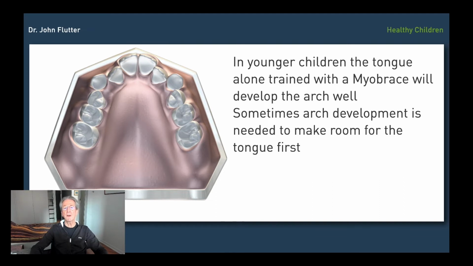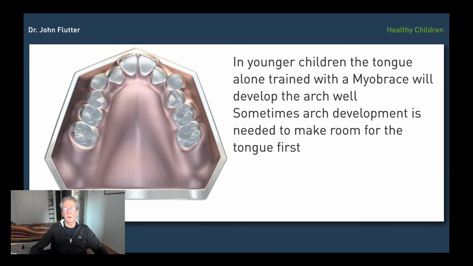Now, when the children are young, in the early mixed dentition in particular, when they've got maybe 1 or 2 lower incisors, the tongue alone can be trained to give you adequate arch development in the upper jaw.